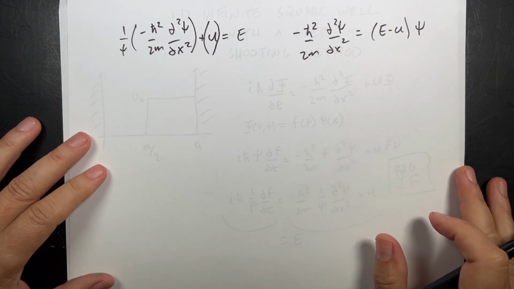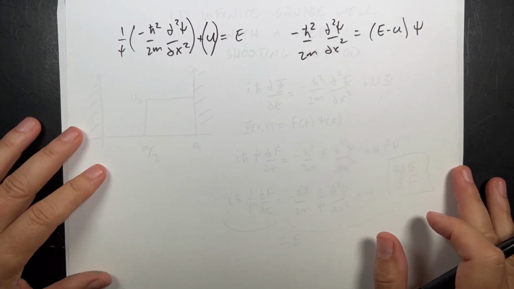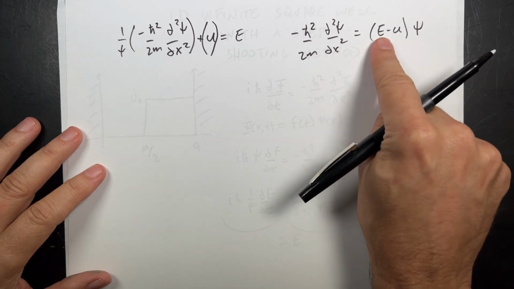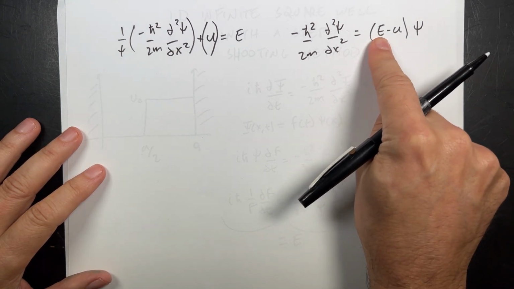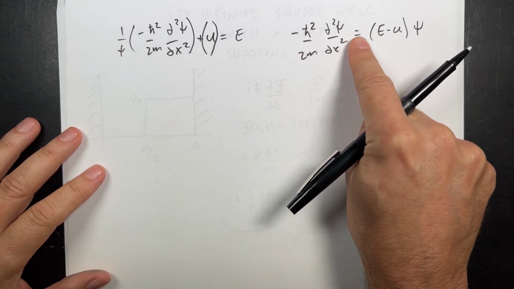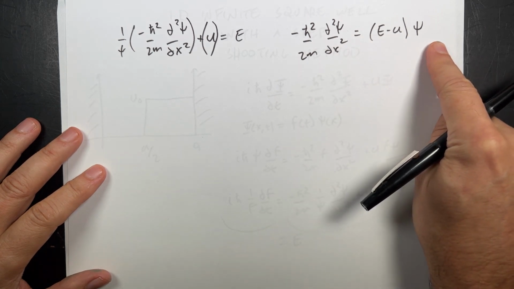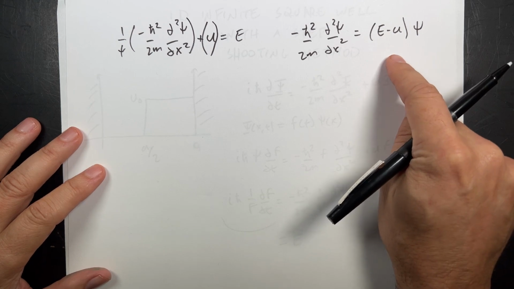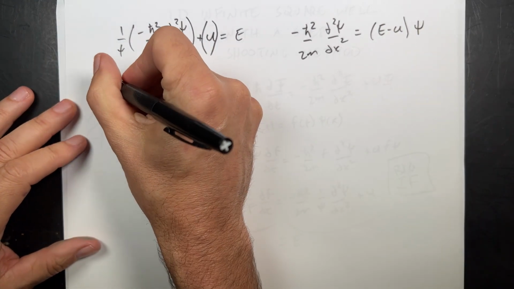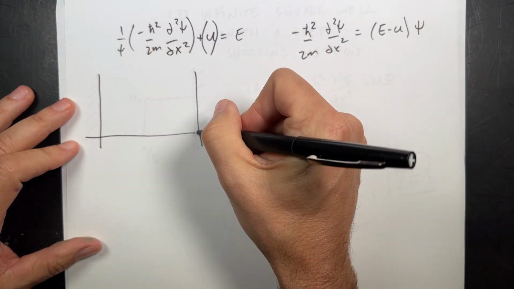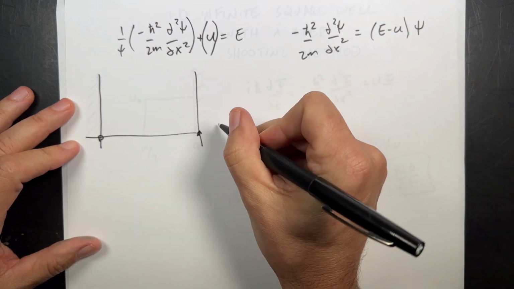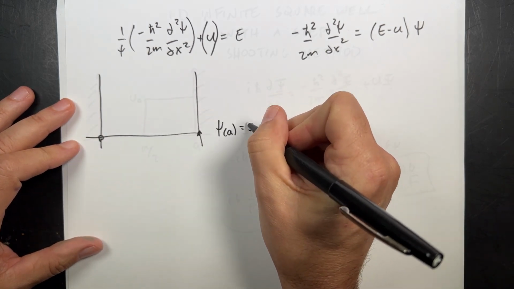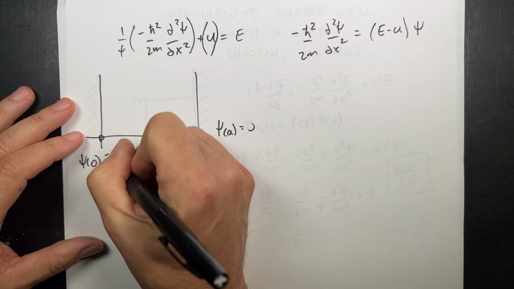Well, what we're going to do is use the shooting method. The idea is I'm going to pick a value for E. I'm going to use the Euler method to find my psi function. And then if it meets the boundary conditions, that's fine. So we still have the same boundary conditions: right here and right there, psi of a equals 0, psi of 0 equals 0.